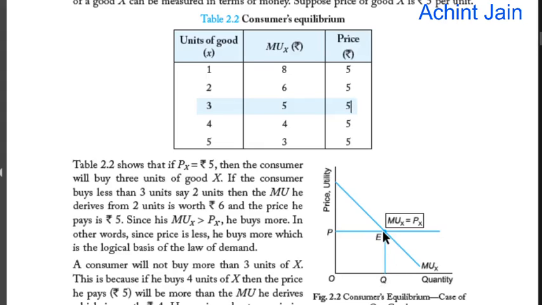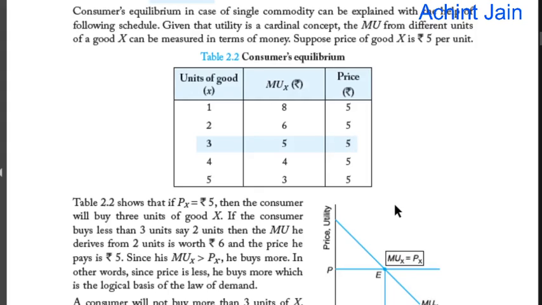Here you have the equilibrium point, because the marginal utility is 5 and the price is 5. Consumer equilibrium in the case of one product is defined as when a person spends a rupee on a particular unit, he tries to get the same level of satisfaction.